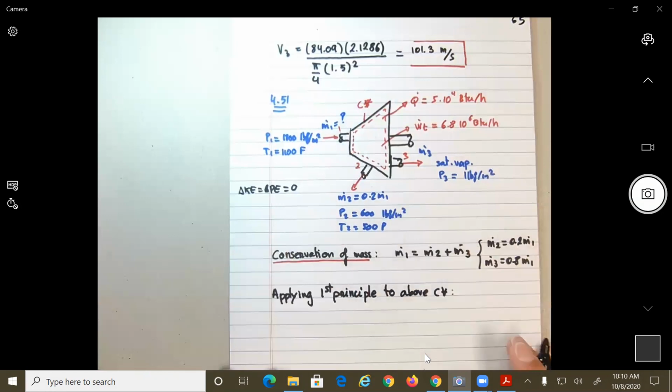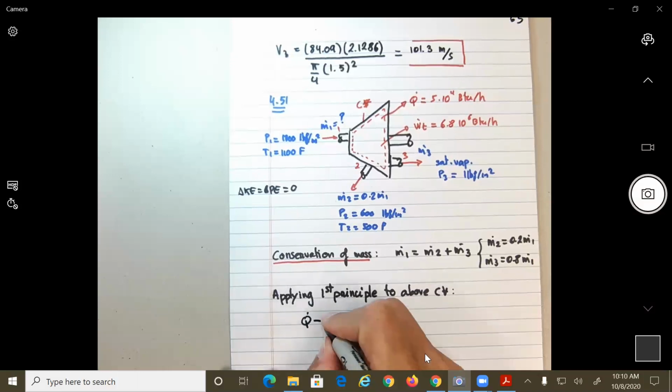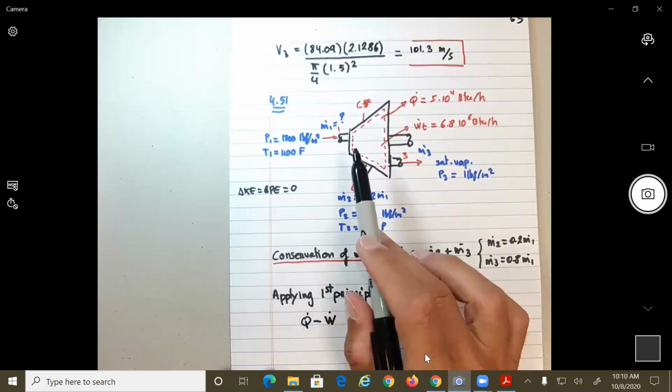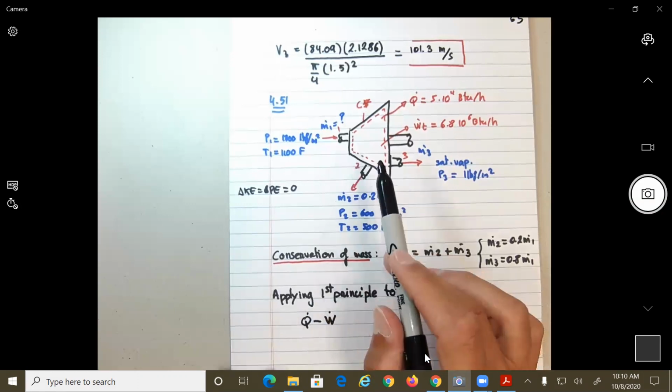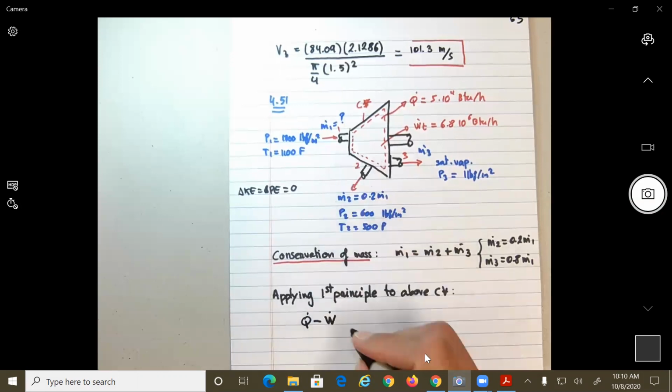So what is the equation that we derived the other day? It will be Q dot minus, so heat transfer minus power. So let's look at it this way, all right? You put these two values, and now this is your control volume. All right? So what is coming in inside the volume? This is just the way I do it.